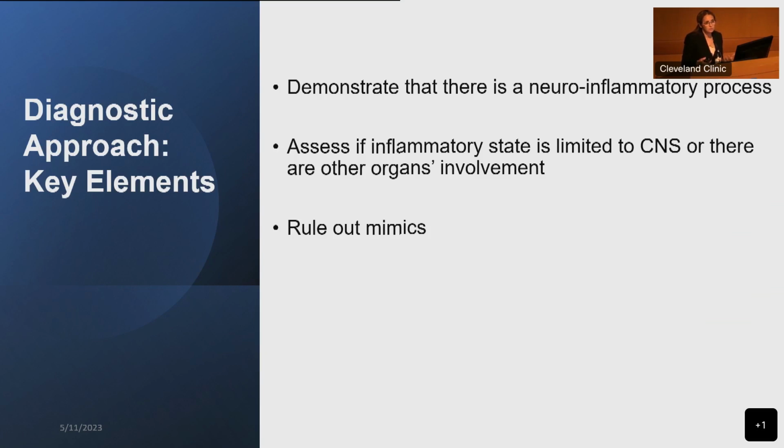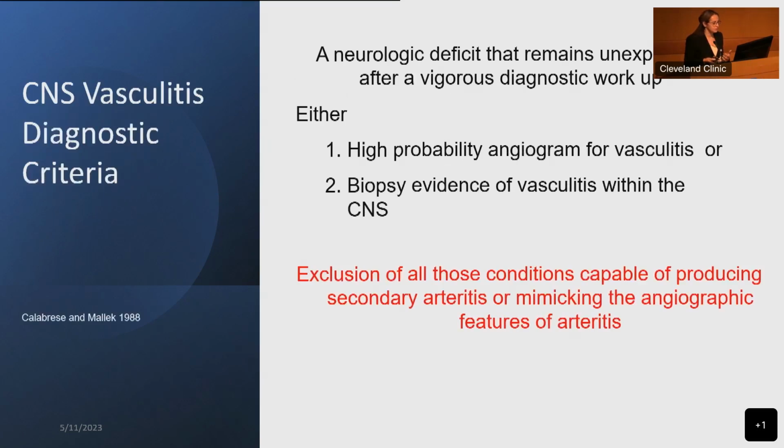You really have to demonstrate there is inflammation there in the brain. And second, you're going to assess if the inflammatory state is limited to the CNS or there are other organ involvement. And that includes ruling out the mimics. So when I zoom out and look at the 360 picture, these are the three main questions that I look into when we are assessing a patient with CNS vasculitis.